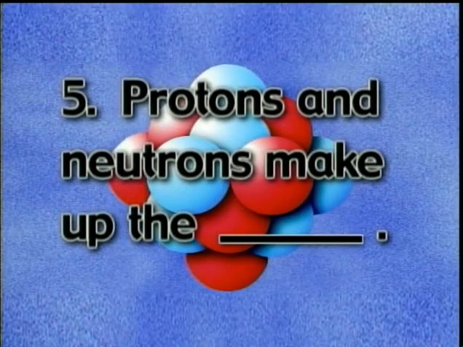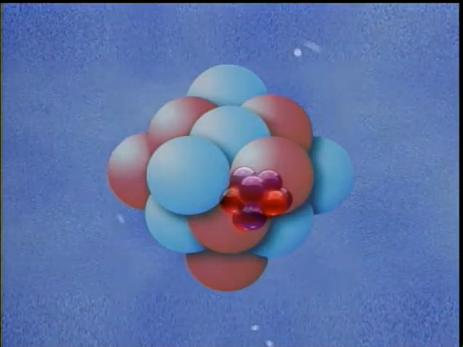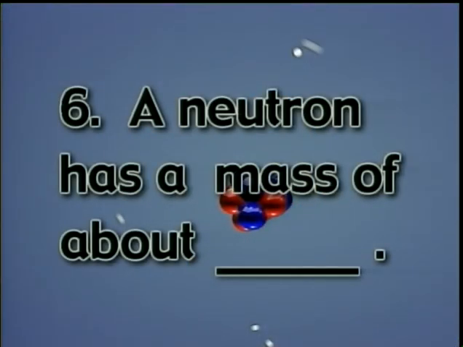Number 5. Protons and neutrons make up the. Number 6. A neutron has a mass of about.